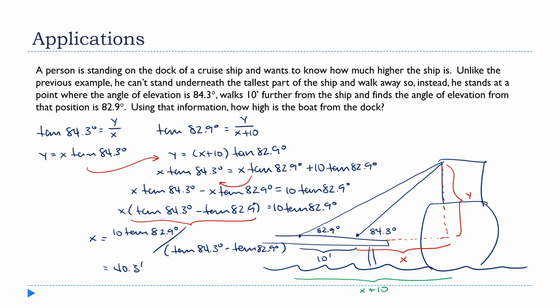So now to get y, I'm going to take this x value and substitute it into here, and I get y is 40.3 tangent 84.3, and that is 103.8 feet. That's the height I was looking for. The height of the ship above the dock is 103.8 feet.